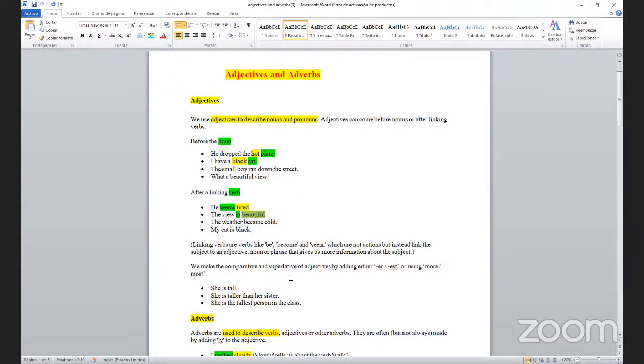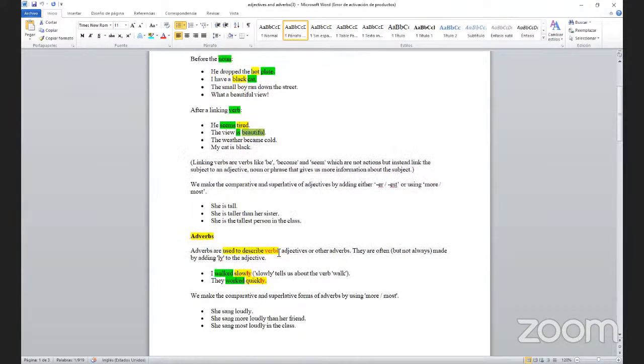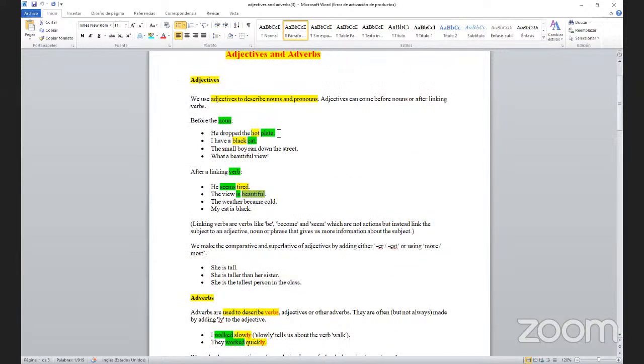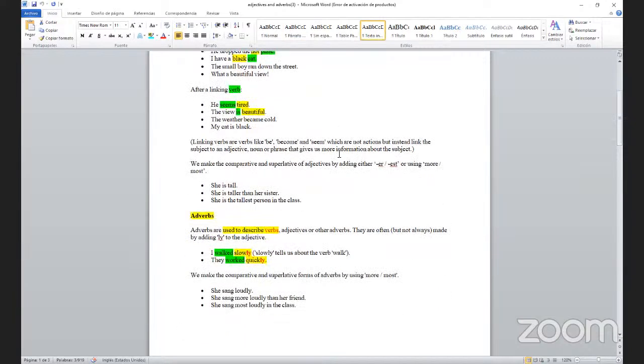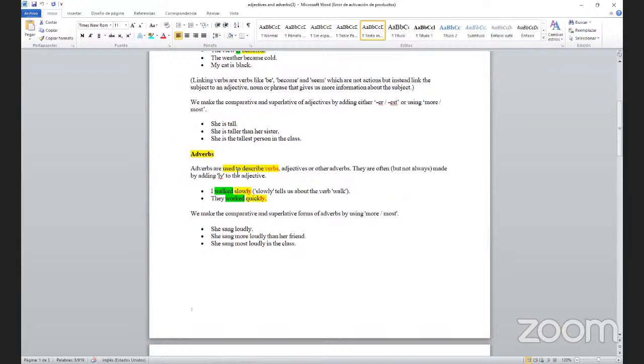Now, what is the difference between adjectives and adverbs? We said that with adjectives, we always describe nouns or pronouns. But the adverb, we always use to describe verbs. Just verbs.